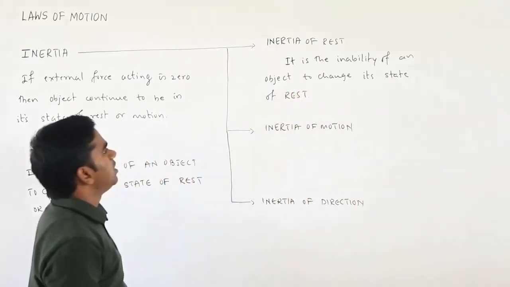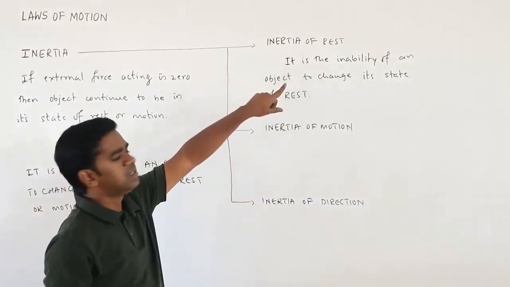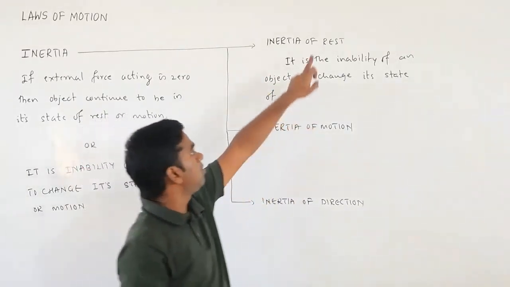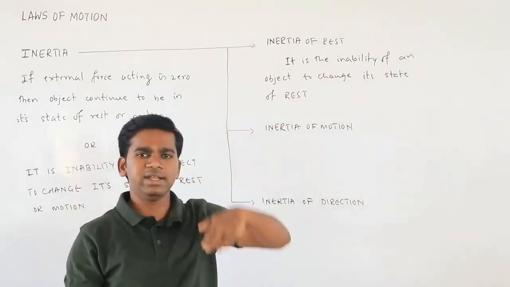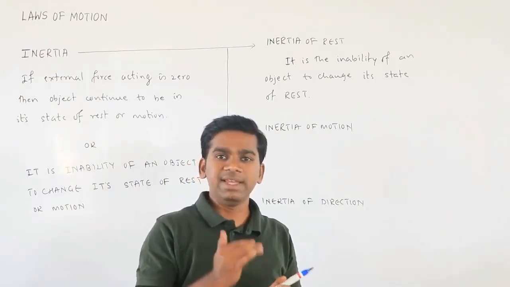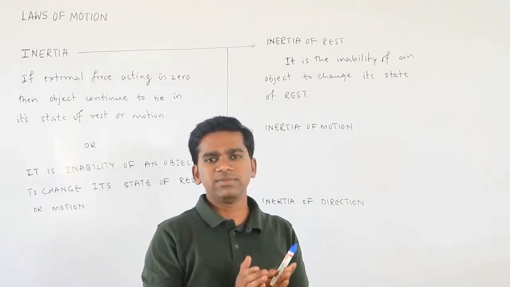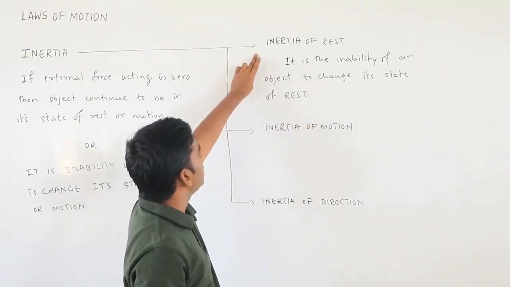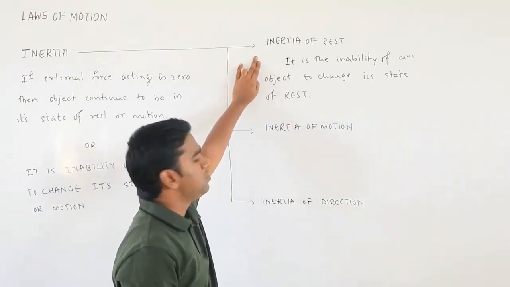The name itself is saying inertia of rest. Inertia means the inability of an object, about what? About rest. If a body is at rest, it is unable to change its state of rest by itself. If no external force is acting, then it cannot change its state of rest. So that we call inertia of rest.